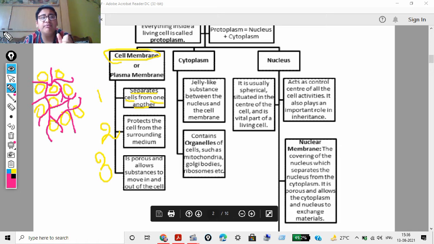And when you are independent, you will think your own way, you will choose your own rights, you will choose your own decisions. You are free to do things, but no crime. Everything should be in a limit. That is known as independence.